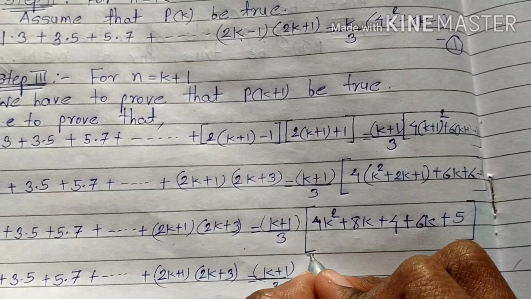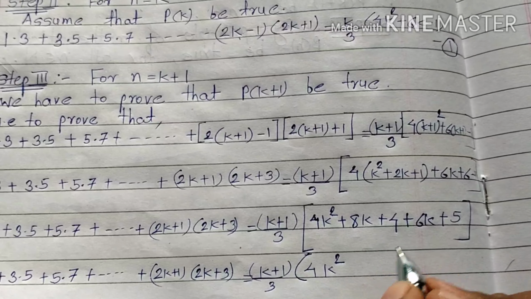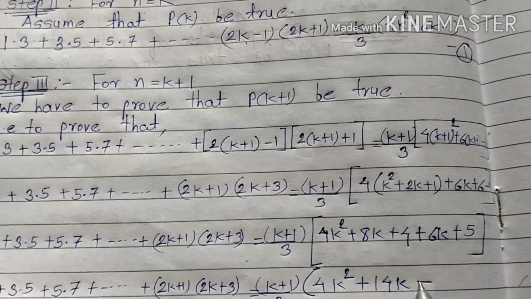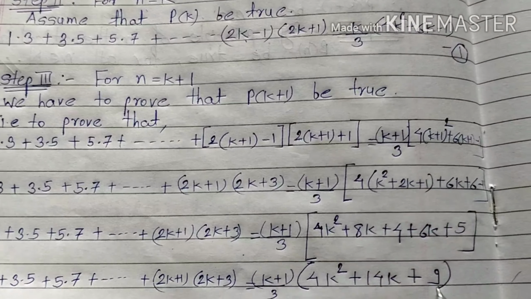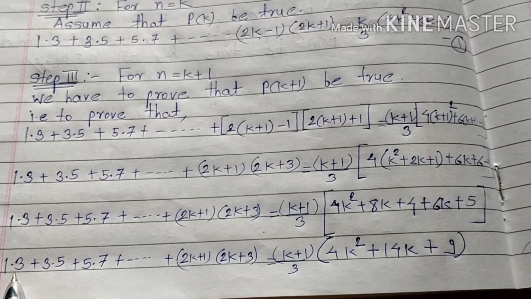And calculate all the terms. So it is 4k square plus 8k plus 6k, which is 14k, and this is plus 9. Now take the LHS of this term.